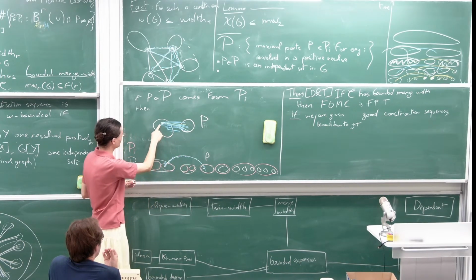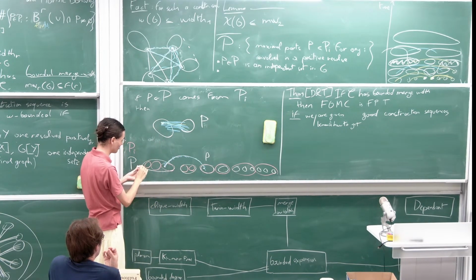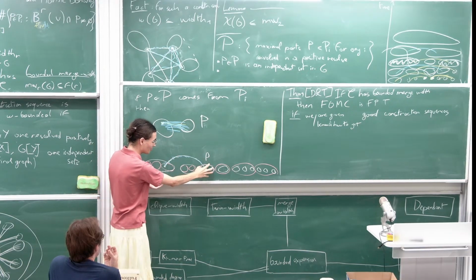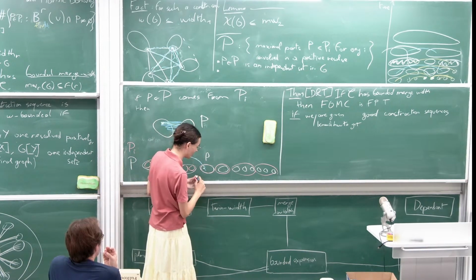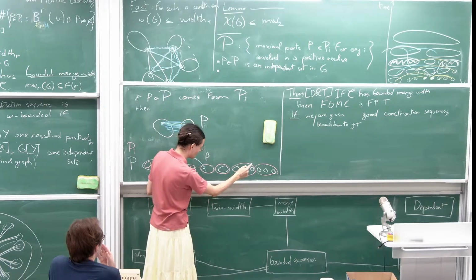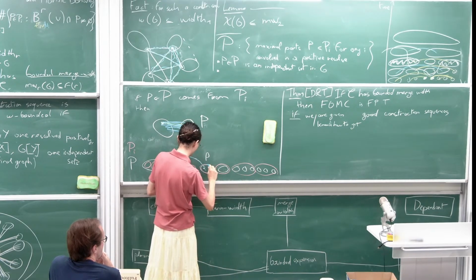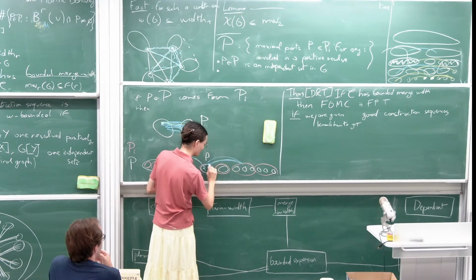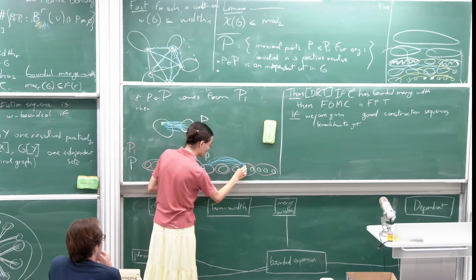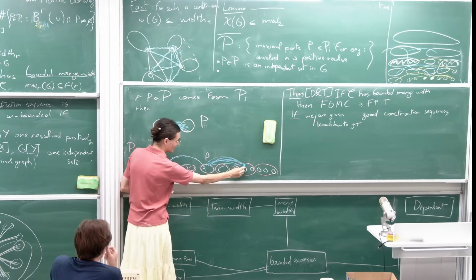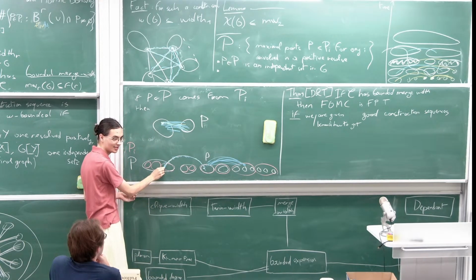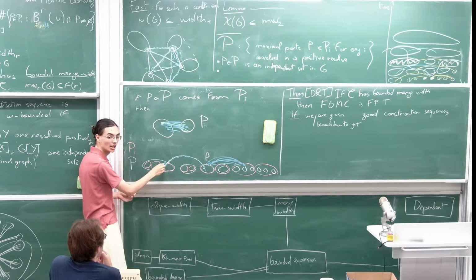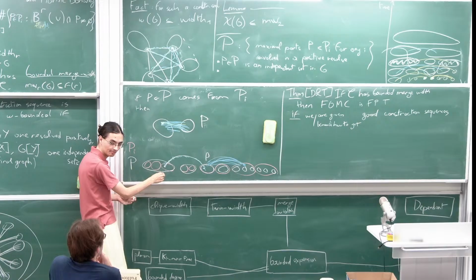And then I use this second thing, that P was completely resolved with something somewhere. So let's say, for instance, this part here. This is completely resolved. So if I take a vertex here, what happens? It is adjacent to everybody in P. So at distance 2, it is adjacent to this here through resolved edges.